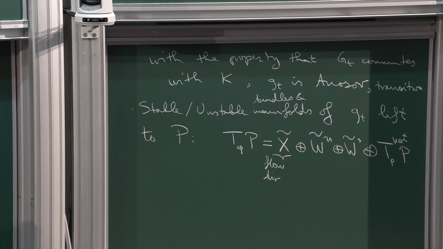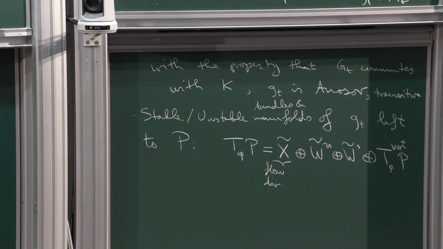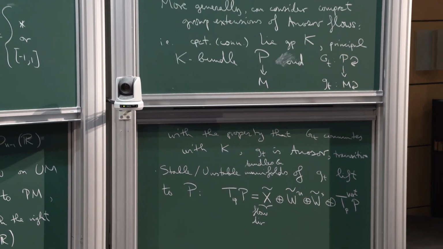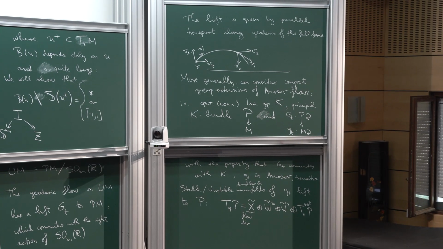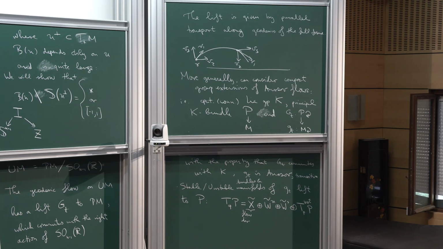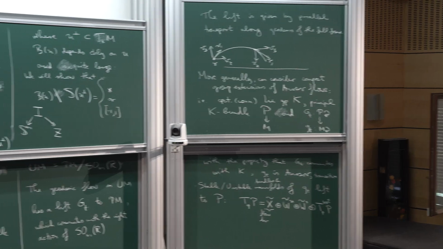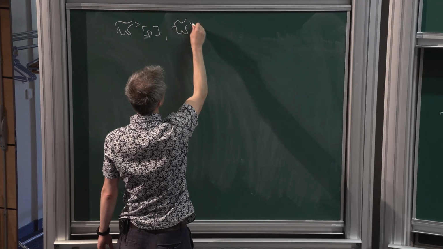So this is at the level of linear spaces, and some general theory tells you that there will also be stable and unstable foliations. So we also have W tilde stable of p, W tilde unstable of p.